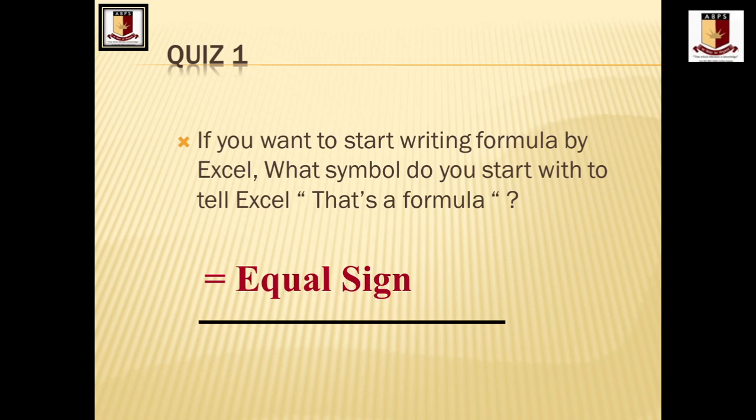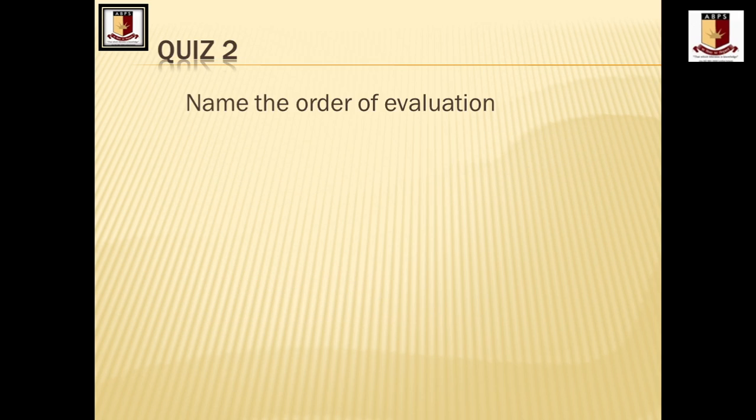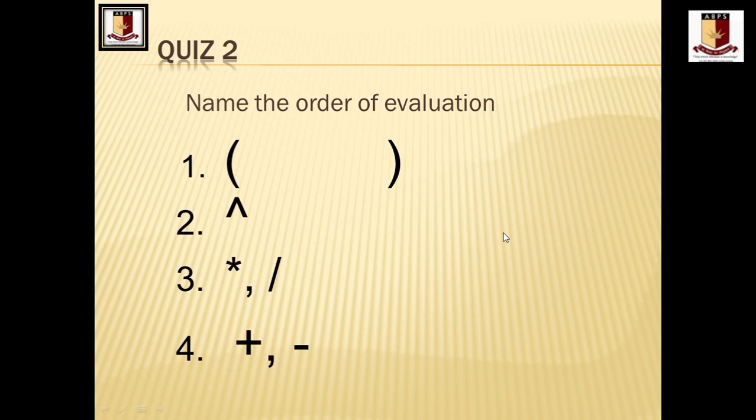Okay, now move to the next one. Name the order of evaluation. Yes, the BODMAS one I have already told you. Bracket, right. Next, exponent. Next, multiplication and division. Next, plus and minus. Very good.